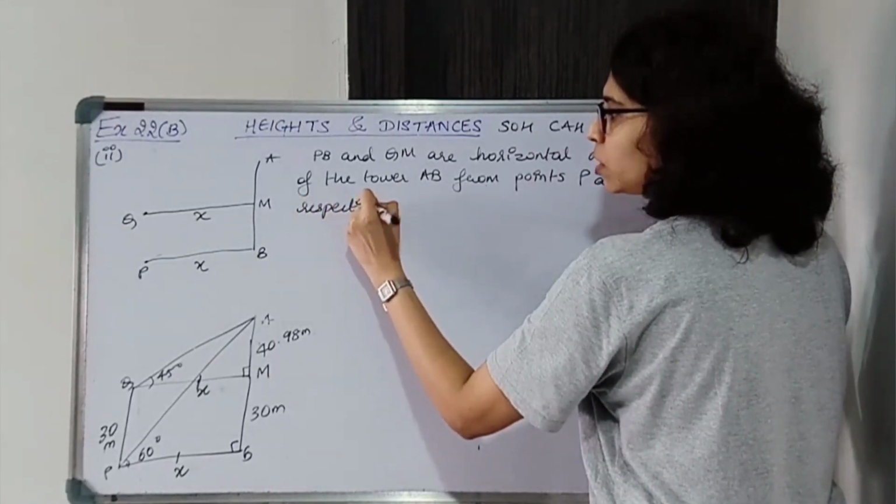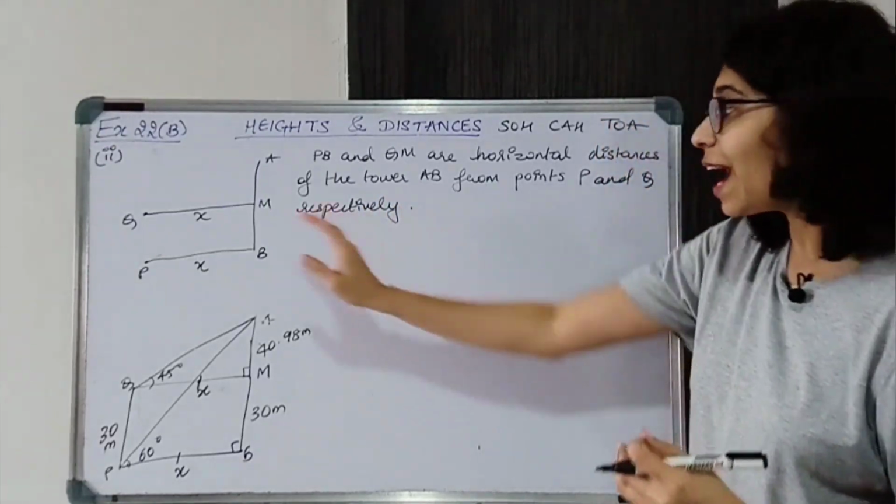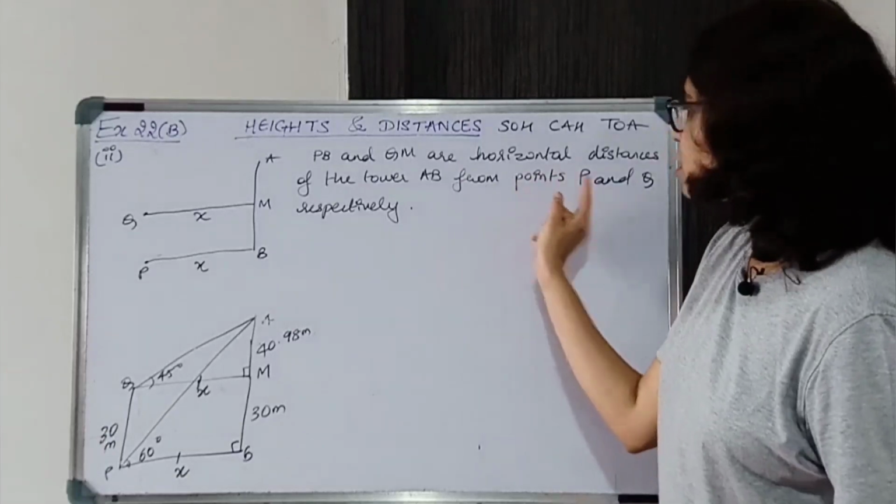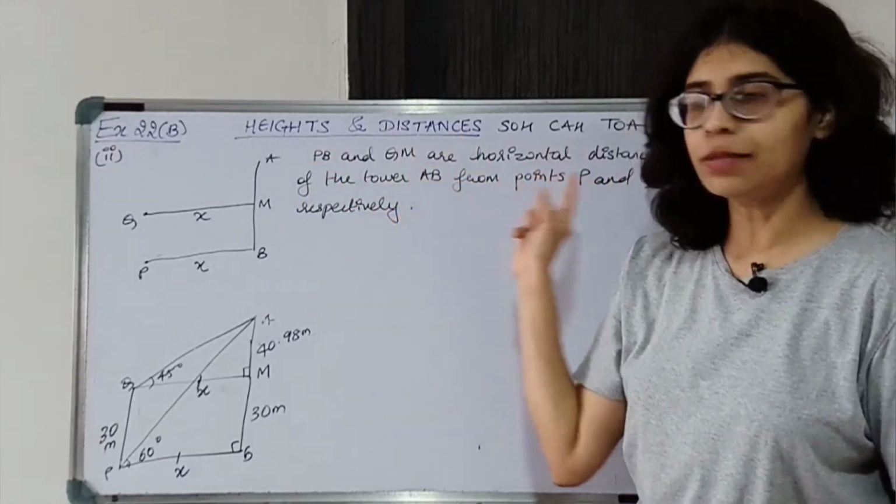Because we are considering two distances from two respective points, add the word respectively. Okay, so this stands for this and this stands for this.